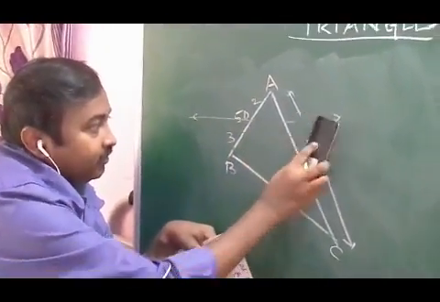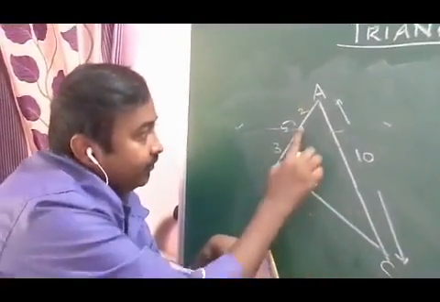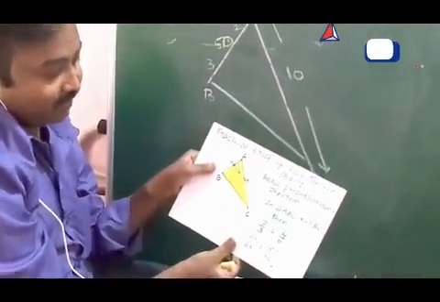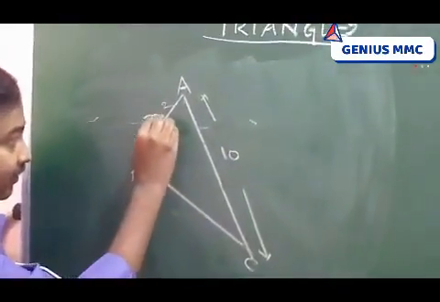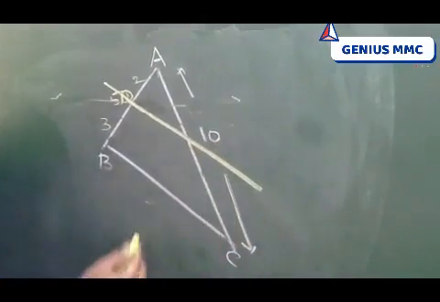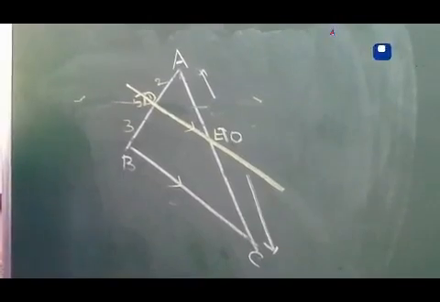So, you draw a line parallel to BC. How? See, this line is not parallel. X, Y are D, E. We draw a line parallel to BC. Now you observe this DE is parallel to BC.